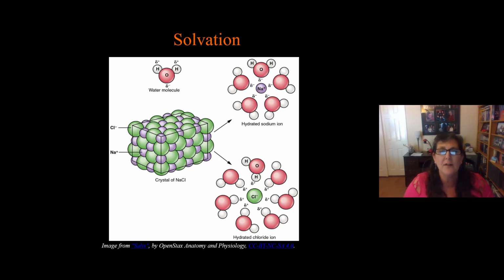So all the little positive hydrogens are going to point inwards towards that Cl minus because opposites attract. And you can see in the picture we have hydrogens pointing inwards. We have 1, 2, 3, 4, 5, 6, 7 water molecules around that Cl minus, and opposites are attracting. So for ion dipole force, you have to have an ion and it's surrounded by polar molecules.